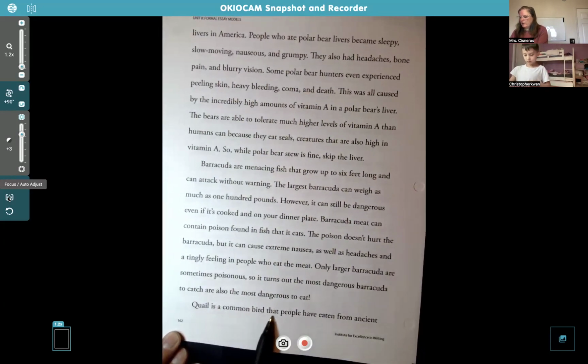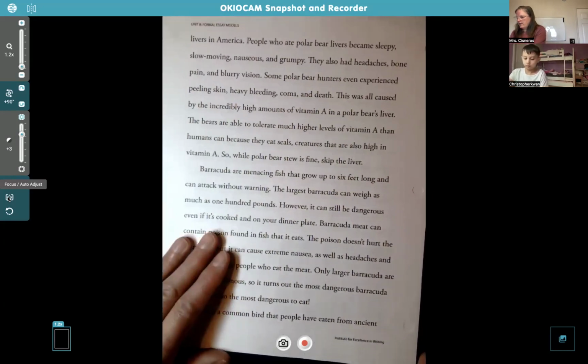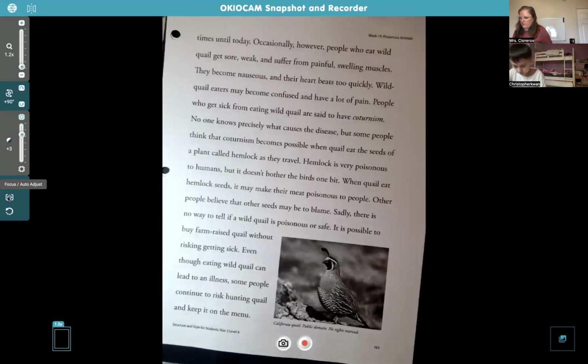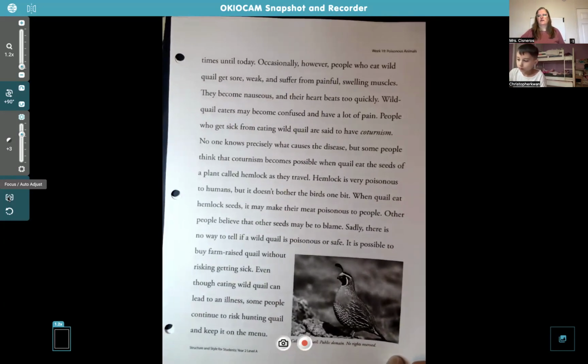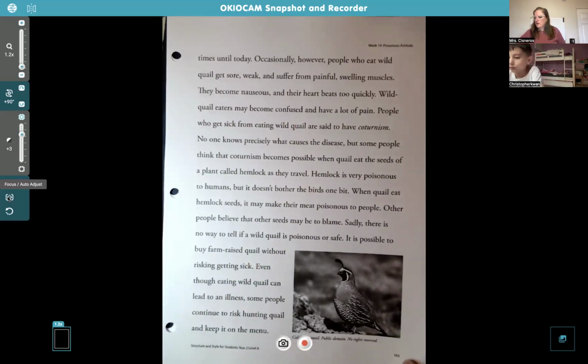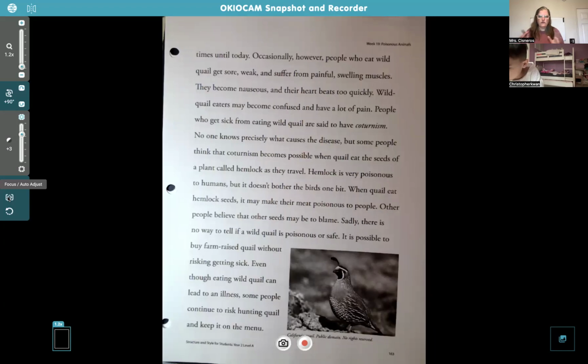Quail is a common bird that people have eaten from ancient times. Now I'm on page 163, okay? You see that? Okay. And I'll just read it and you can either underline or just start writing down keywords for it. Occasionally, however, people who eat wild quail get sore, weak, and suffer from painful swelling muscles.